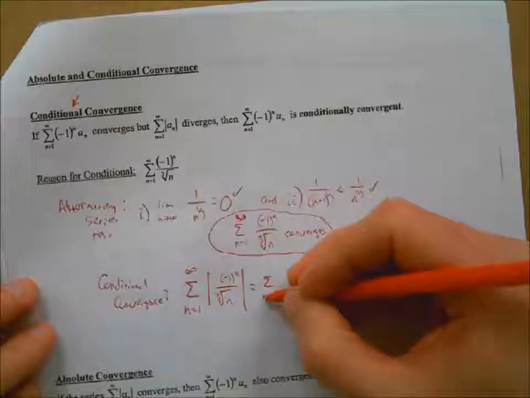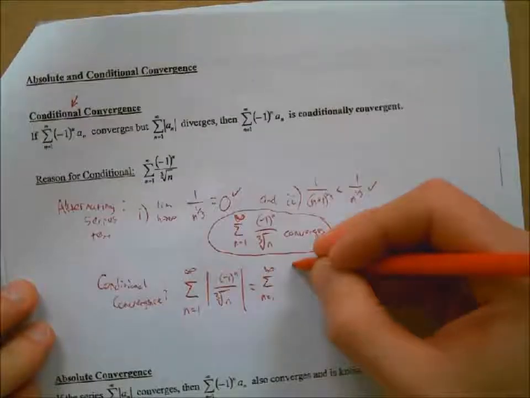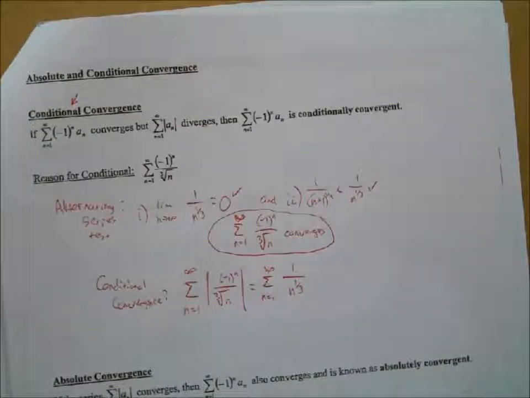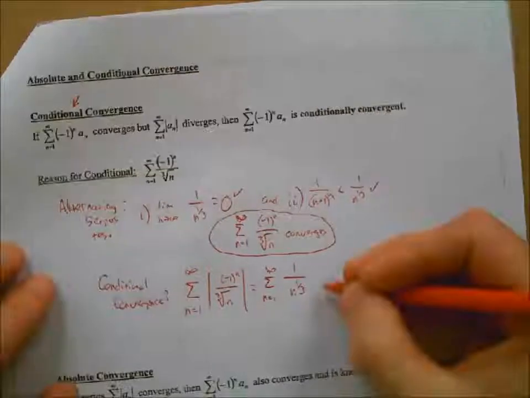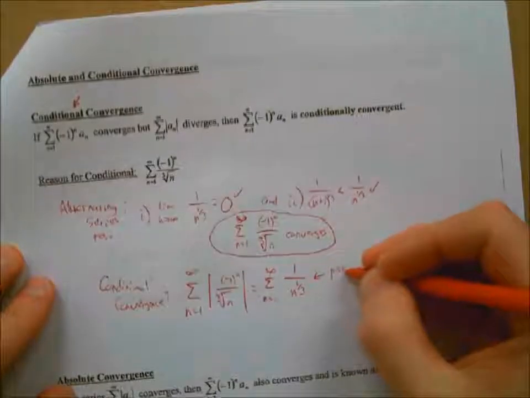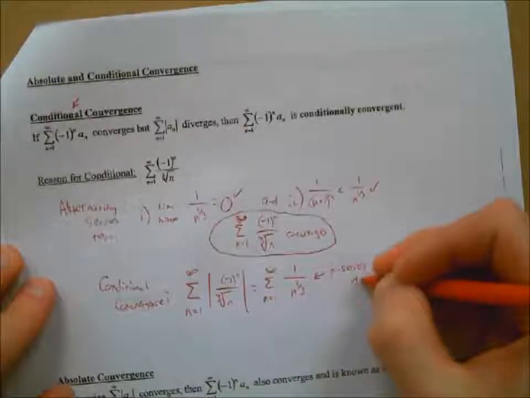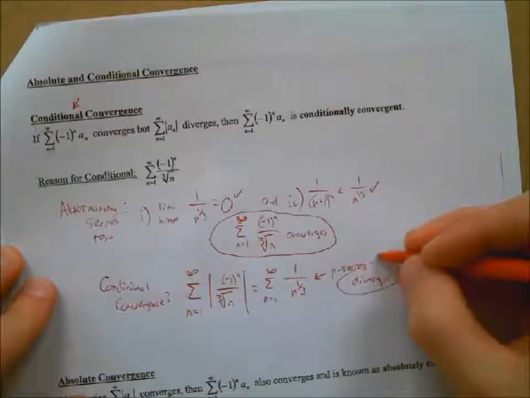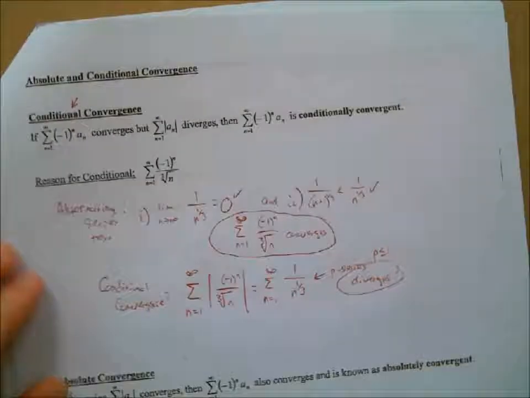So we can rewrite this series as 1 over n to the 1/3. What do we know about this series, 1 over n to the 1/3? It is a p-series that diverges. P is less than or equal to 1 there.